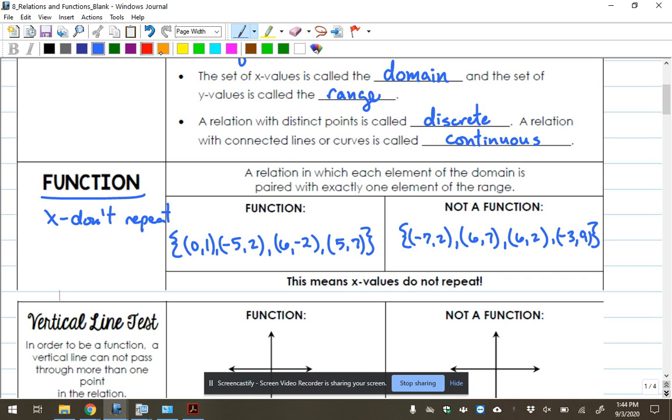Because the 6's here repeat, those are x values, they repeated, it's not a function. So functions, x's do not repeat. That's the rule to be a function, is the x's don't repeat. It's okay for y's to repeat, but you cannot repeat x values.